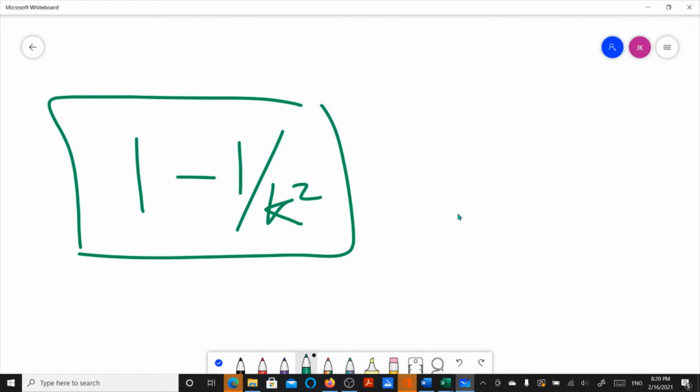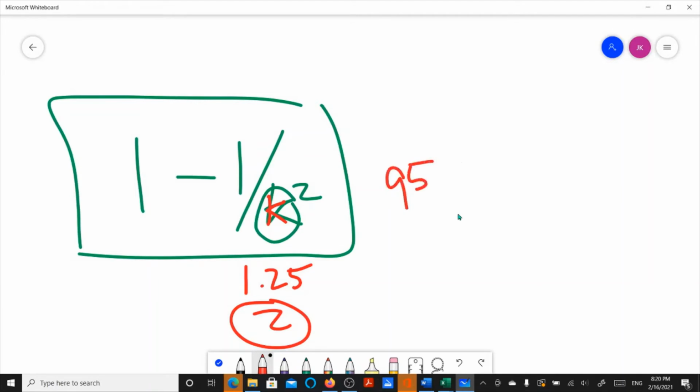K is a standard deviation. It has to be over 1, so you could do 1.25, you could do 2. 2 with a normal distribution usually falls at 95%.